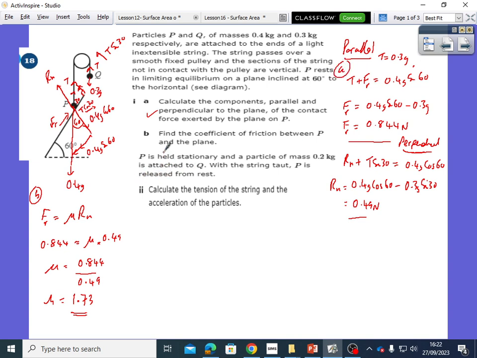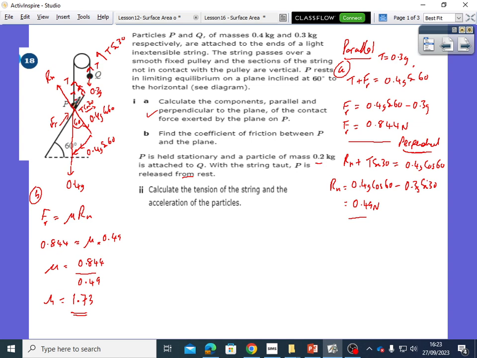Now it says here Q is held stationary and P is held stationary, and a particle of mass 0.2 is attached to Q. So I'll make it 0.5. With the string taut, P is released from rest. So if that's released from rest, it will lift up.